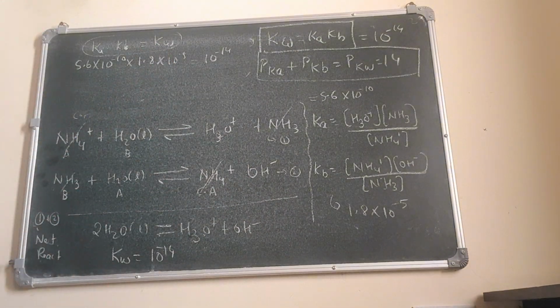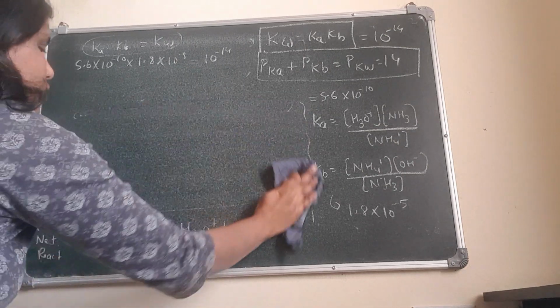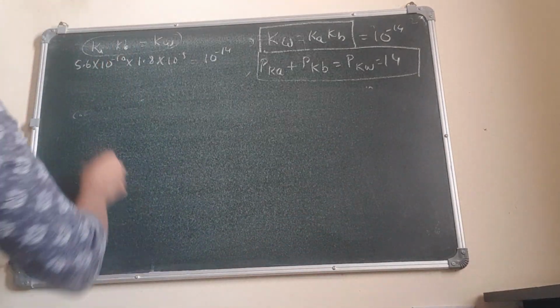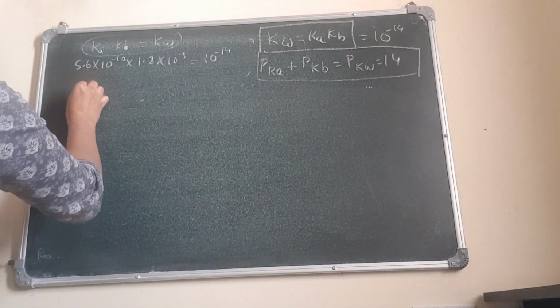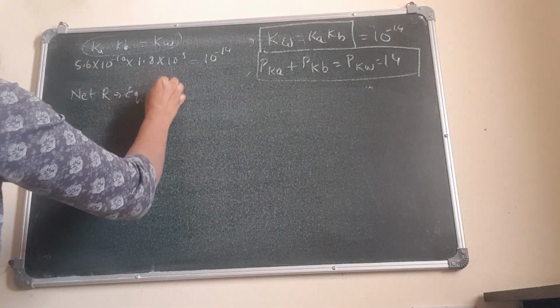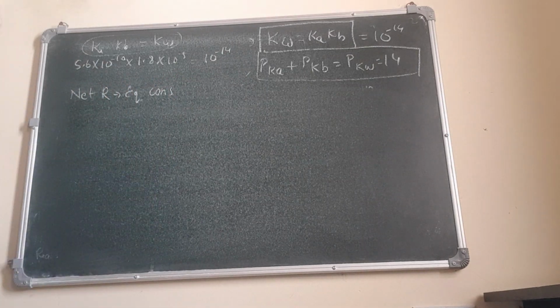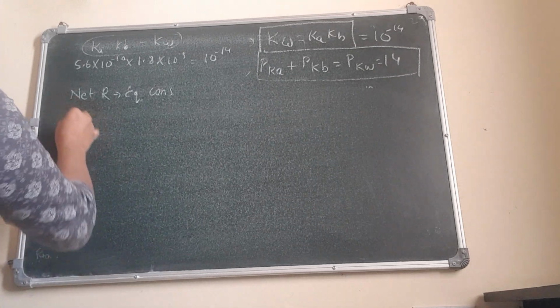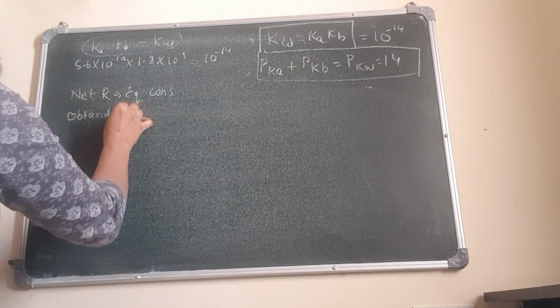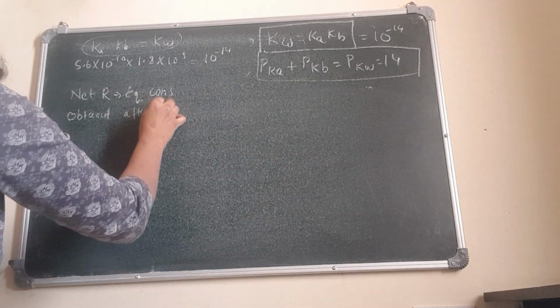So how do I write it in a general form? Let us now understand how to write it in a general form. The general form is, if you have a net reaction, the equilibrium constant for that net reaction can be obtained after adding two reactions.